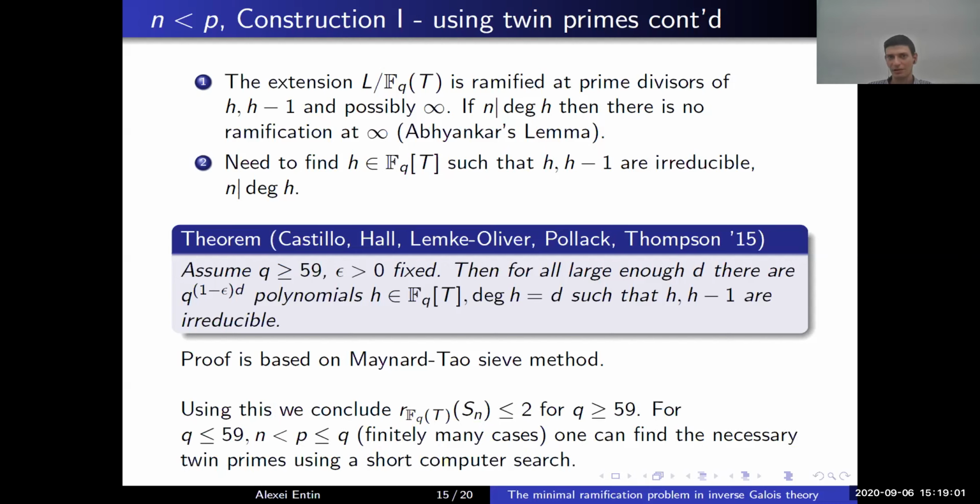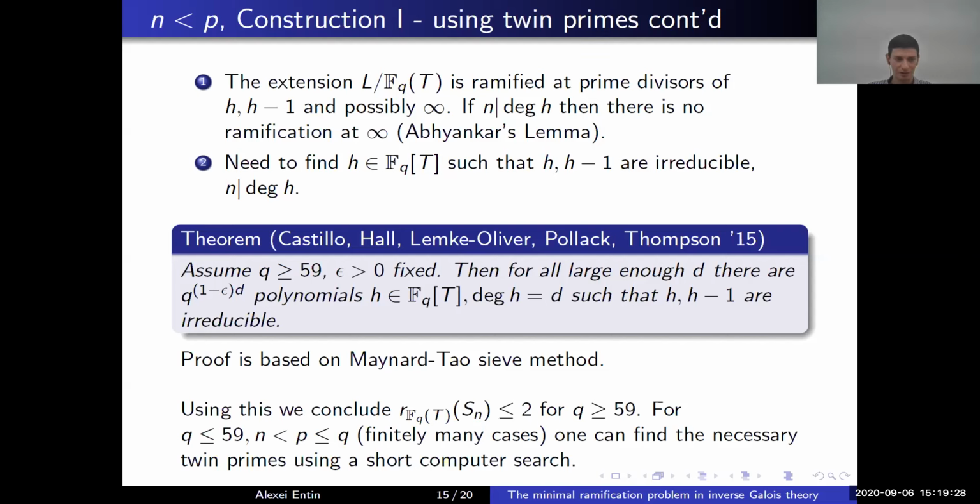And using this and the previous arguments, we conclude that we can realize S_n with at most 2 ramified primes, namely h and h minus 1, for q large enough. But for q up to 59 and n smaller than p, this is just finitely many cases, and we can use a computer search to find the necessary twin primes satisfying all the other conditions.